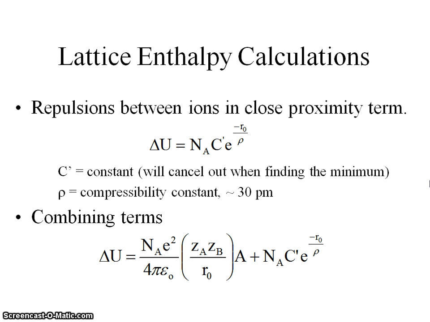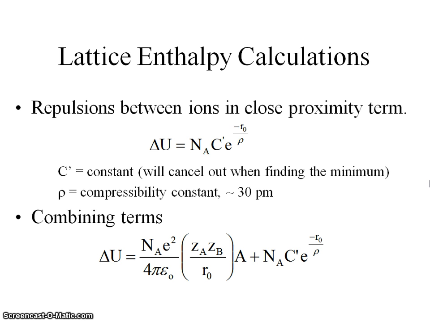Next, repulsions between ions in close proximity: the term ΔU is equal to N_A C exp(−R0/ρ). C is a constant that will cancel out when finding the minimum, and ρ is a compressibility constant.